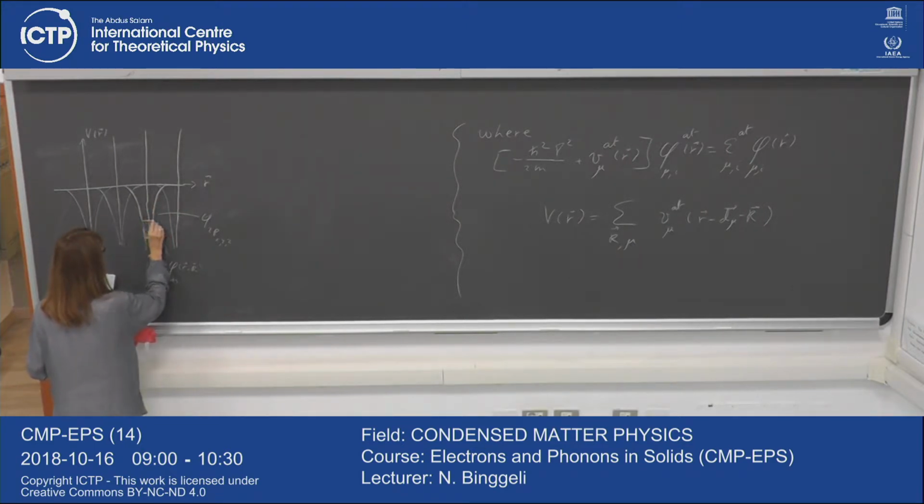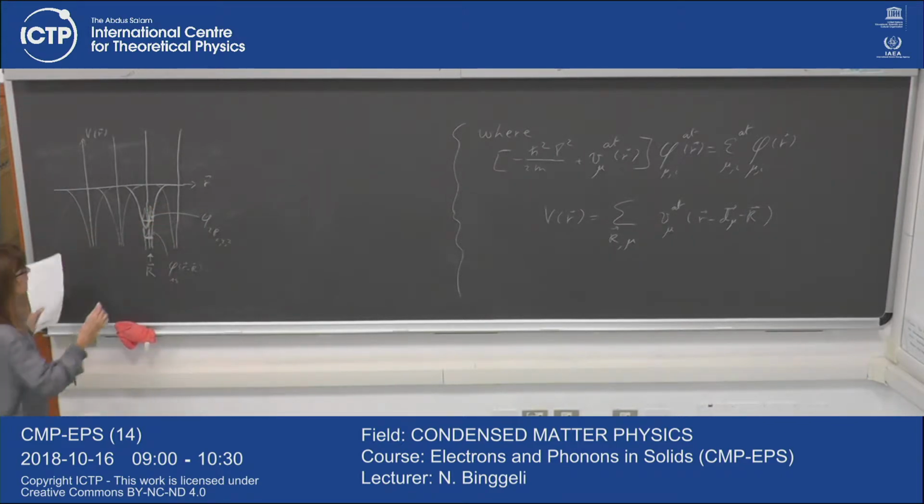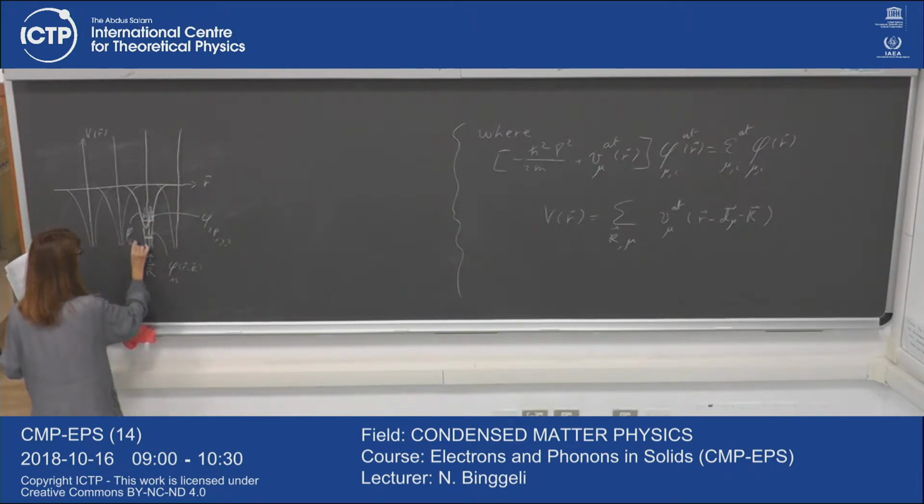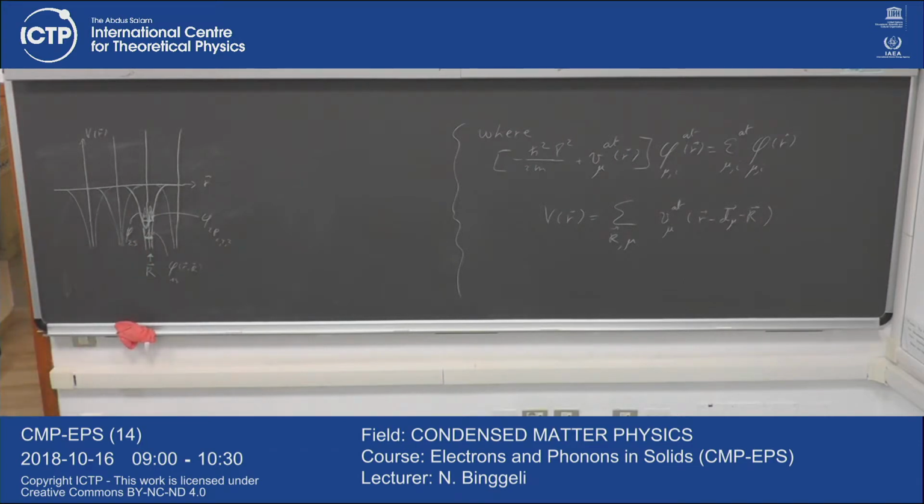I have a level here, so I have some p state here, and I have some s state, let's say, like this. This would be my s state, it will be symmetric. So this would be my phi 2s state. So I have 4 states at this level, which are the atomic states.